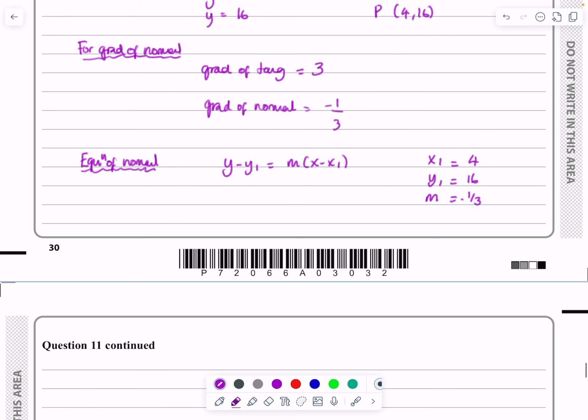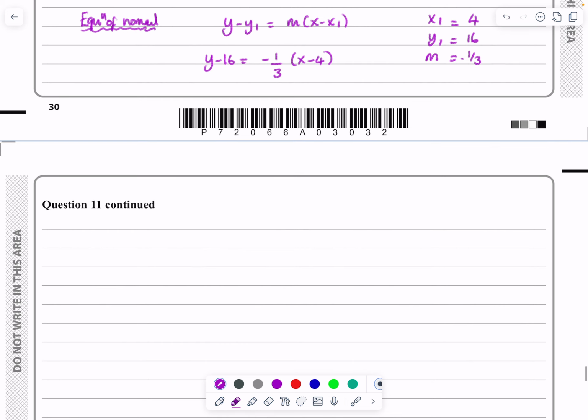So we get y minus y1, so y minus 16 is equal to minus a third (x minus 4). We should be really used to doing ones like this, even with fractions and with negatives. Multiply everything by 3 there. 3y minus 48 is equal to minus (x minus 4).